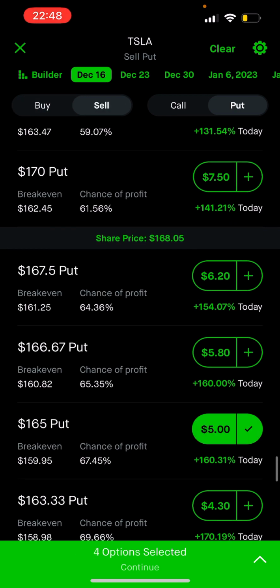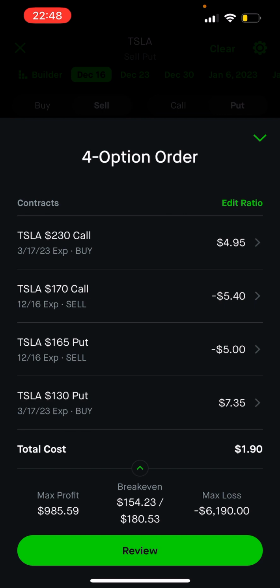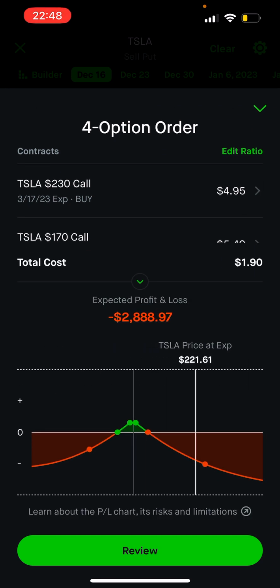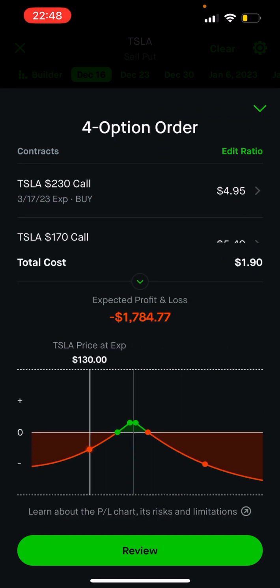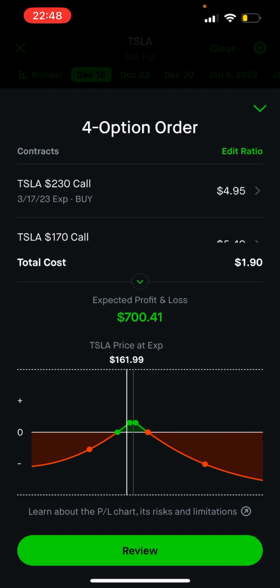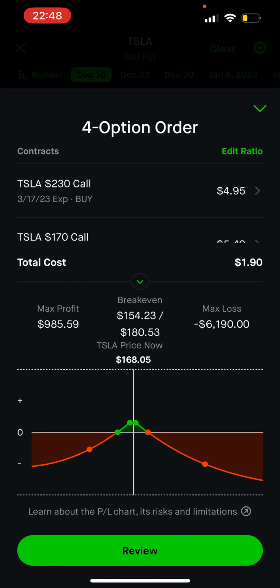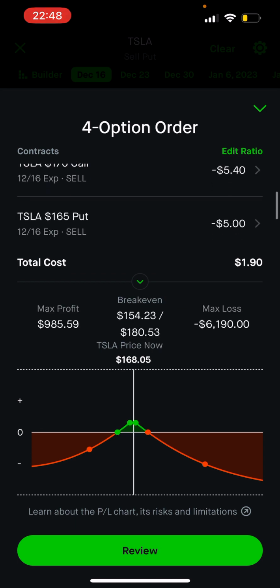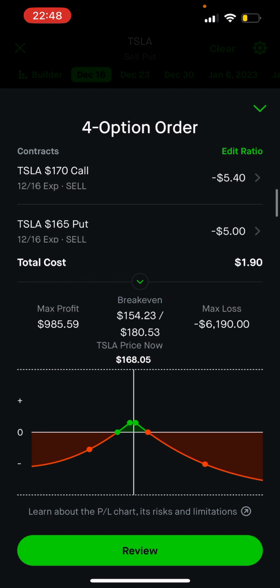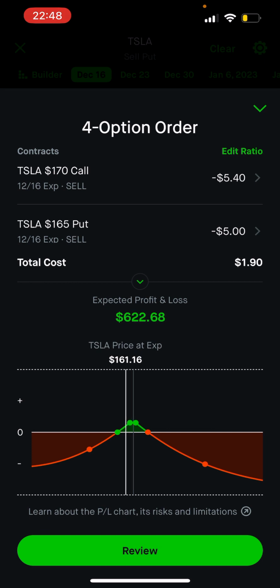All right. So this, again, turns it into an iron condor type setup. So the break evens now are 154 on the downside and 180 on the upside. Okay, so not bad. And since the credit I'm collecting is about 1,000, I'm looking to make 500 on this.